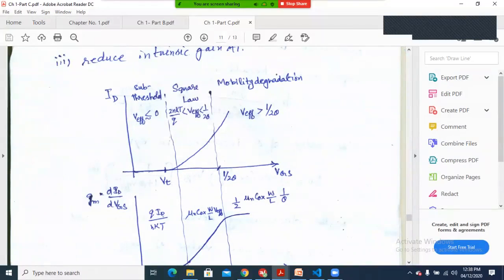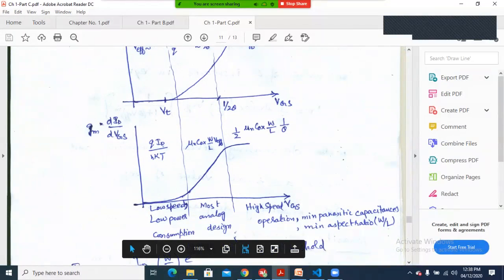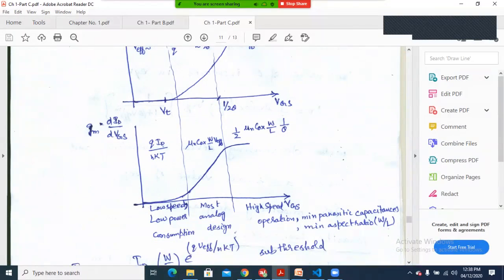After that the mobility degradation will start, and the GM with respect to VGS is Q ID by NKT, and mu n Cox W by L VF, and that is equal to 1 by 2 mu n Cox W by L into 1 by theta.